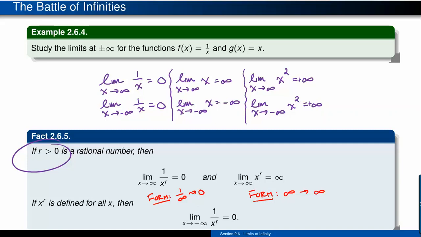That actually does work. Well, in that case, if you are still in this structure of 1 divided by x to the r, then I'm still going to take 1 divided by some huge number. It might be a huge negative number, but it doesn't really matter. In the limit, it's still going to kick out this 0. It's the idea that you take a number divided by a massive number, and it's going to kick out a 0.